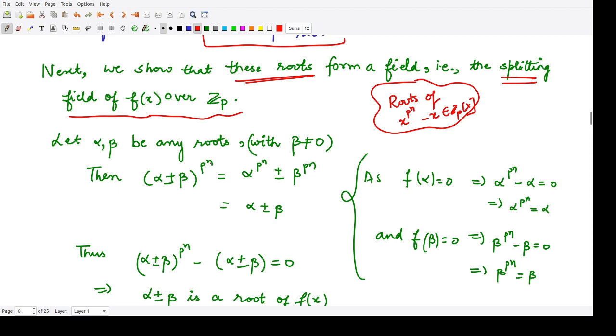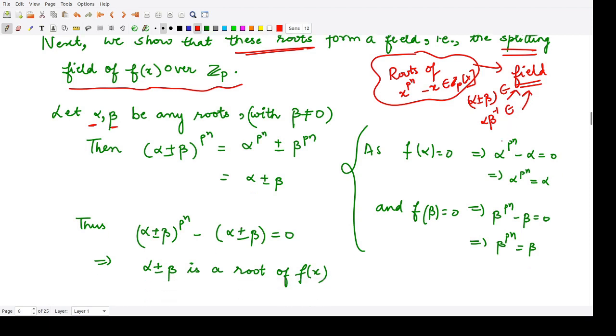To prove this to be the splitting field, first we have to prove it is a field. For that, we take any two roots, alpha and beta, where beta is not equal to 0. If we show that alpha plus minus beta and alpha beta inverse also belong to this set, then it becomes a subfield.